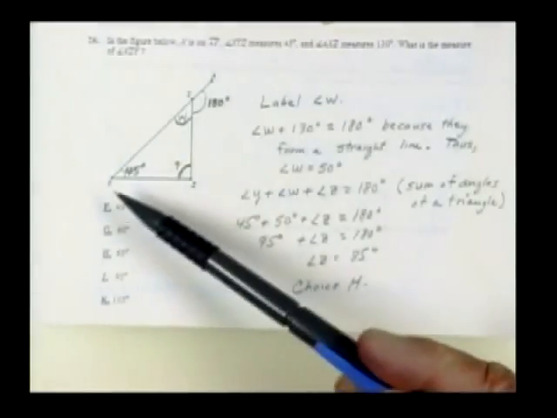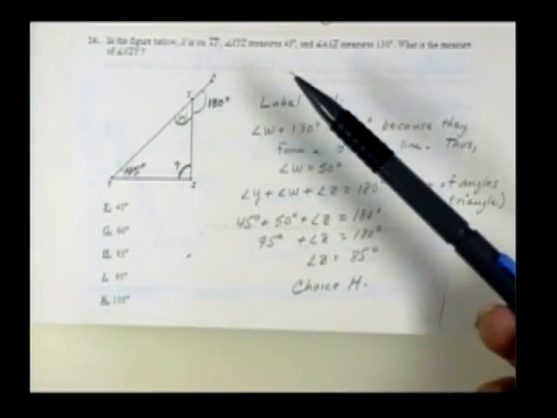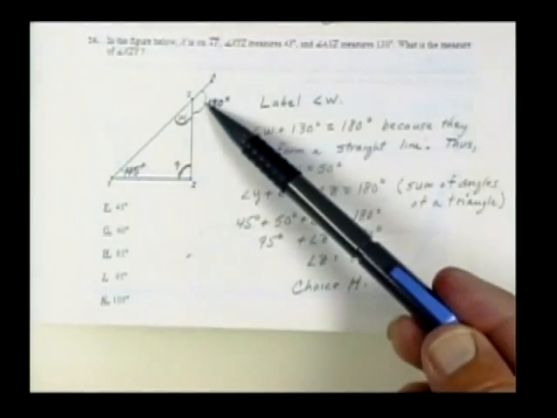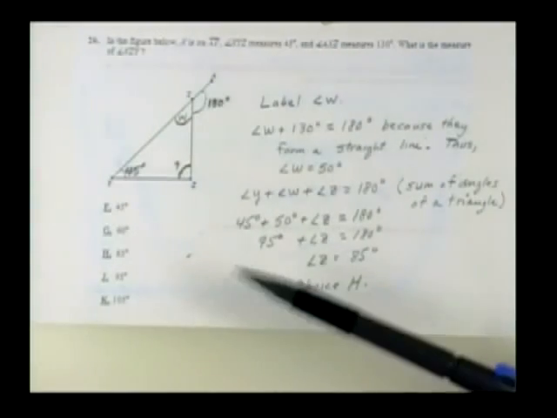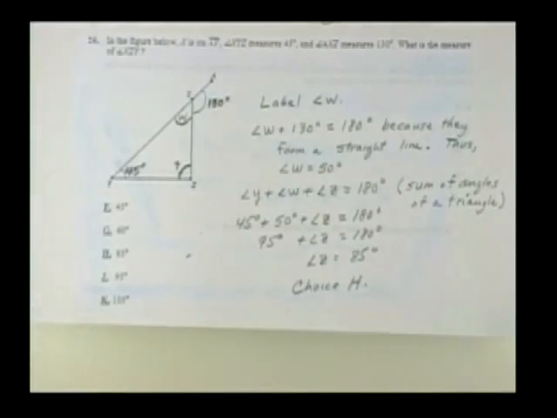In the figure below, X is on the line segment AY. Angle XYZ measures 45 degrees. And angle AXZ measures 130 degrees. What is the measure of angle XZY? That would be this angle.